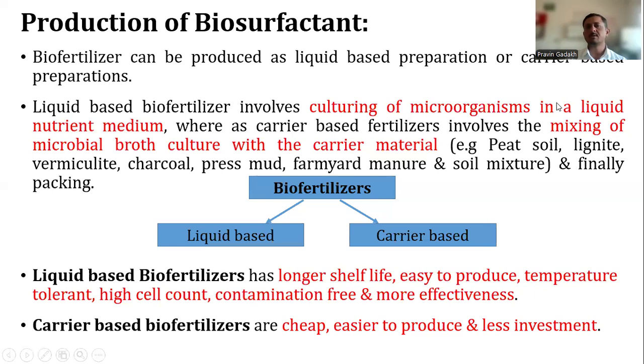So biofertilizer can be produced either in liquid form or in carrier-based form. Liquid-based biofertilizer involves culturing of microorganisms in a liquid nutrient medium, whereas carrier-based biofertilizer involves the mixing of microbial broth culture with carrier material like peat soil, lignite, vermiculite, charcoal powder, fresh mud, farmyard manure, and soil mixture.